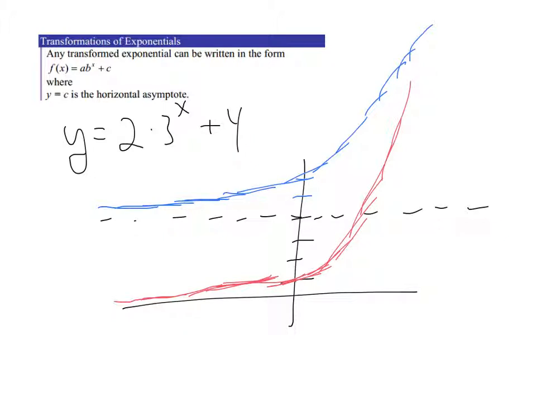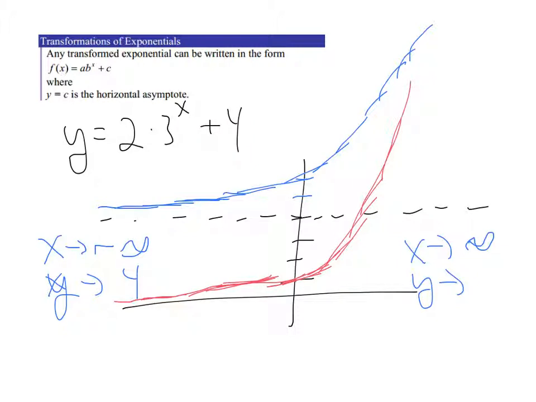So if I had to write that using arrow notation, as x approaches negative infinity, y approaches 4, and as x approaches positive infinity, y also approaches positive infinity, because these exponential functions grow. When they're growth equations, they head up to infinity. If this were a decay equation, I would kind of reverse these.